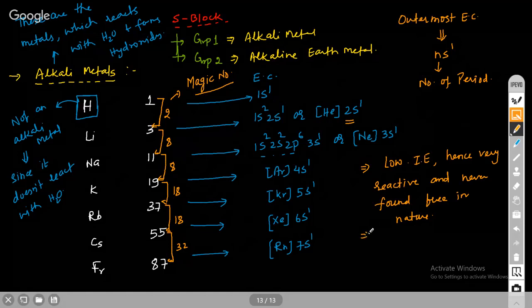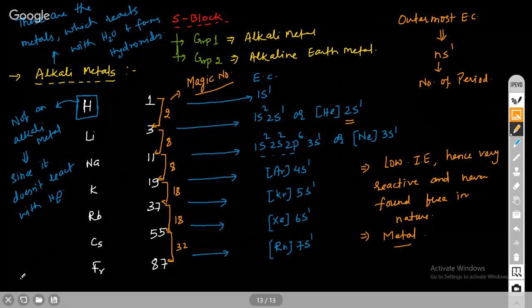These are also metals. In the periodic table, if you go from left to right, the metallic property decreases. So these are very good metals, all these elements. These are a few general things that you should keep in mind.